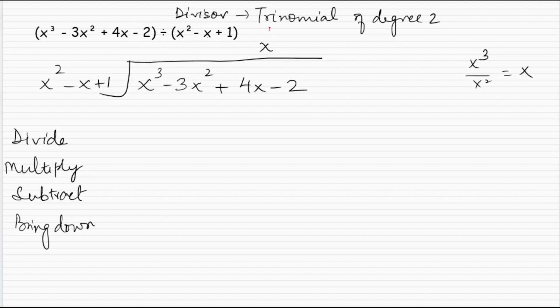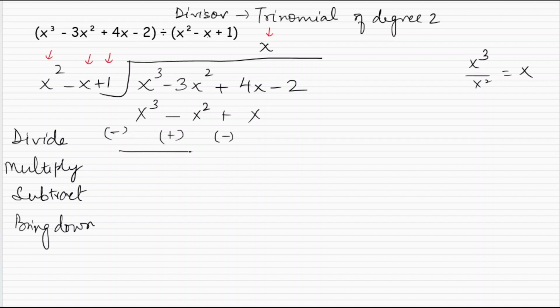Now multiply this x with all the terms of the divisor. So x times x square is x cube. X times minus x is minus x square. X times plus 1 is plus x. Subtract. Minus, plus, minus.